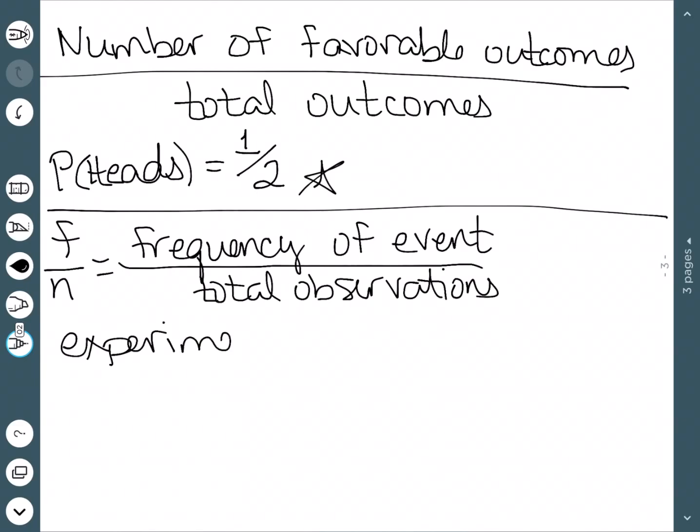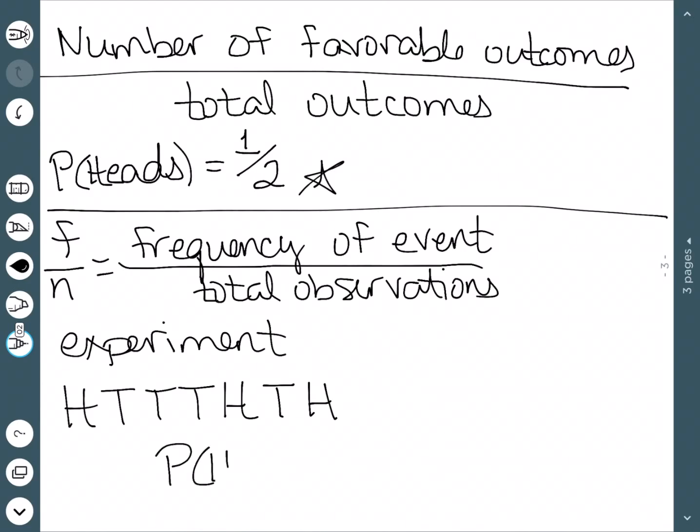If I were to flip a coin and I get heads, tails, tails, tails, heads, tails, heads, and I wanted to know the probability that I get a heads, well, this time it would be 3 out of 7, which isn't exactly 1/2. So this second one is purely by experiment. It's not these set probabilities.